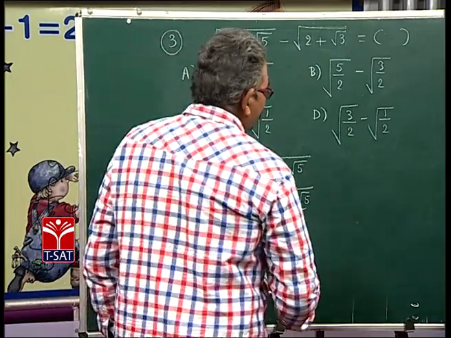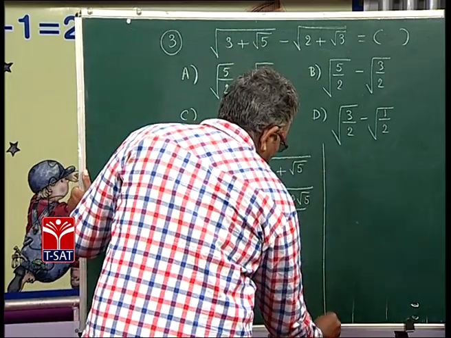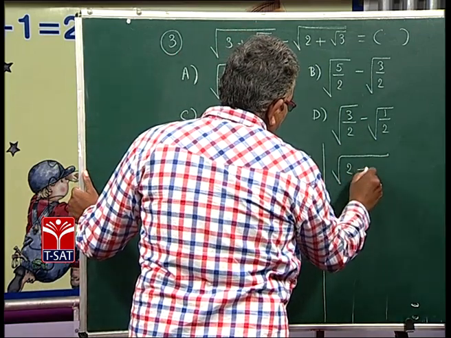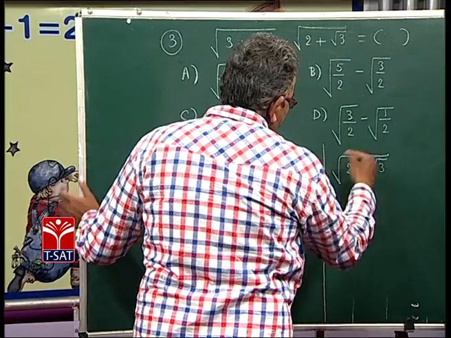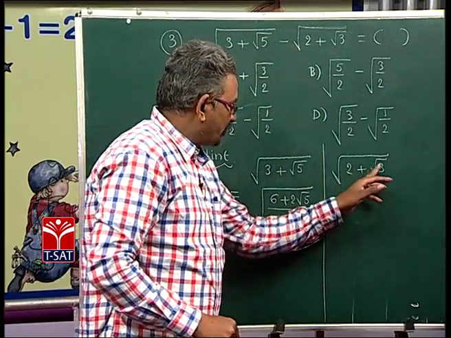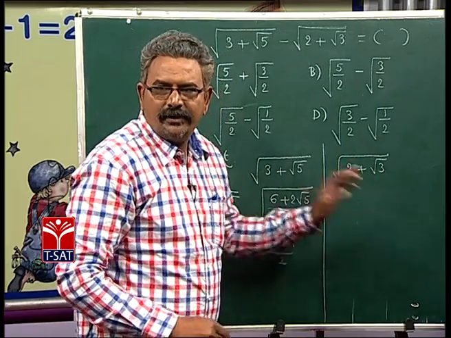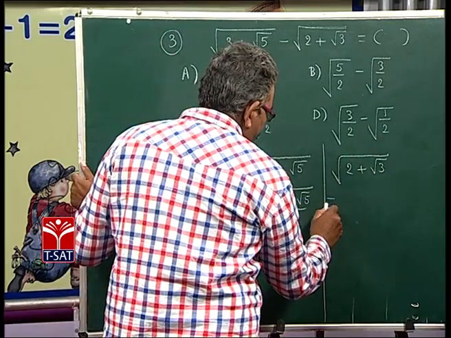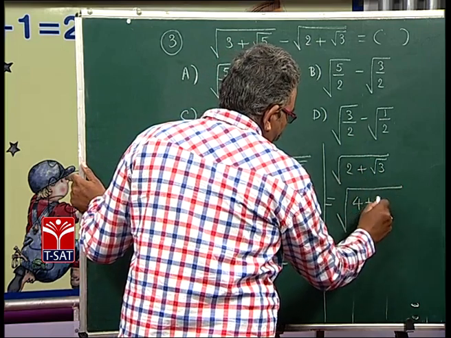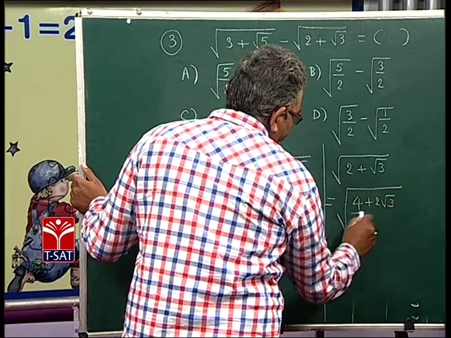So now let us find out the square root of 2 plus root 3. Here also we have to multiply 2 plus root 3 by 2 and divide by 2. So this is equal to 2 into 2, 4 plus 2 root 3, divided by 2.